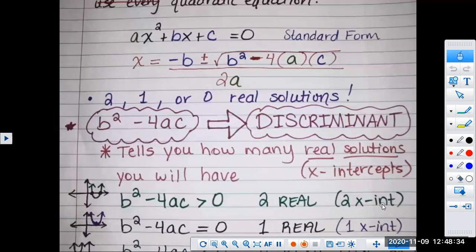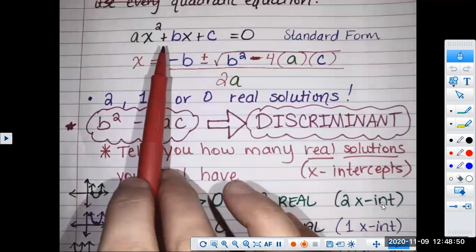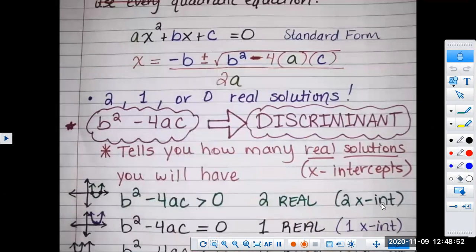They have other names. Whenever you solve a quadratic equation, those are the points where your graph will cross where?